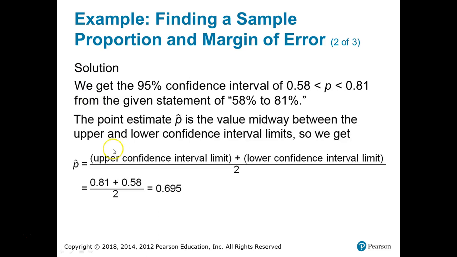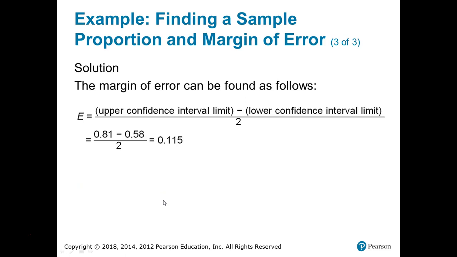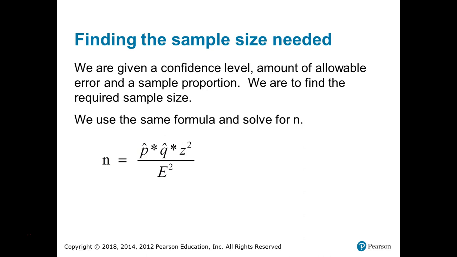So just using those two equations, the upper confidence interval limit plus the lower confidence interval limit divided by 2 gives us a sample proportion of 0.695, and then the margin of error can be found by doing the upper confidence interval limit minus the lower confidence interval limit divided by 2, so the margin of error is 0.115.